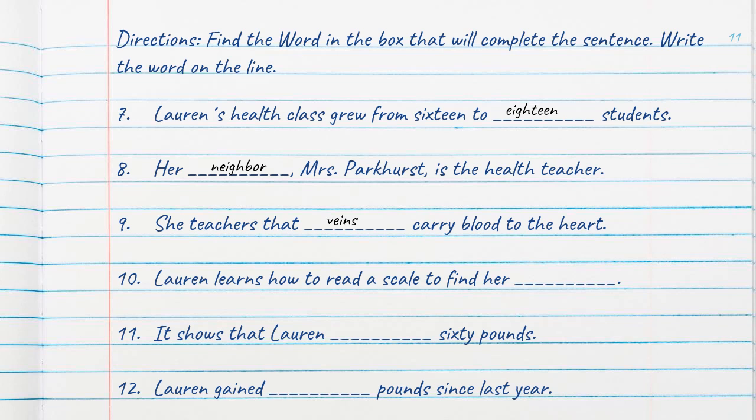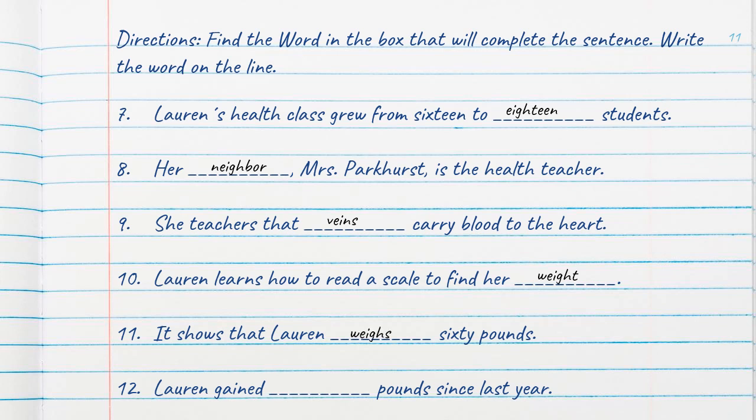Number 10. Lauren learns how to read a scale to find her weight. That's right. If you have a scale at home, you can weigh yourself. It shows the Lauren 60 pounds.